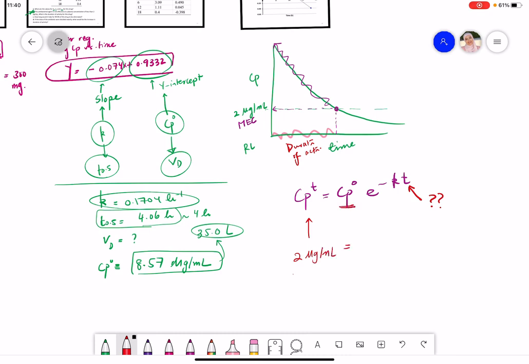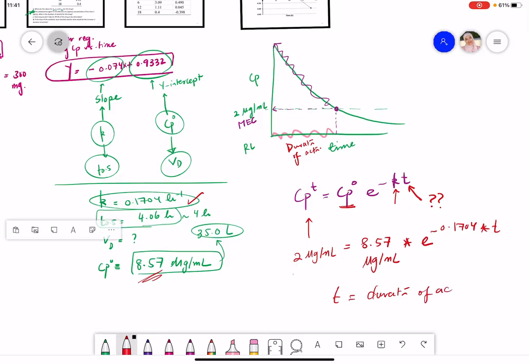We have this as X node over VD, which was determined here, 8.57 microgram per milliliter, multiplied by e to the power of minus 0.1704, multiplied by the time that is needed. When you do the calculation, the time, which is the same as the duration of action, equals 8.5 hours, okay?